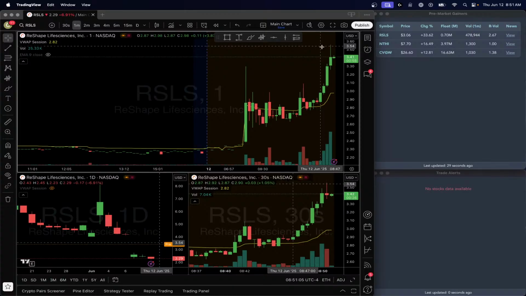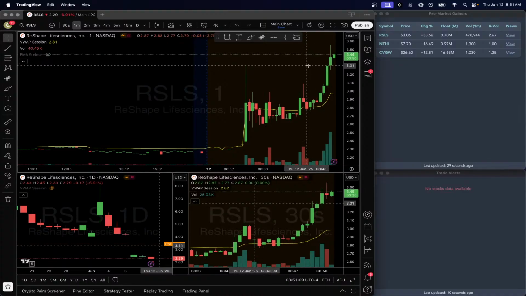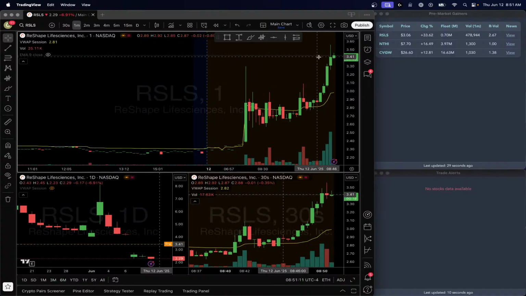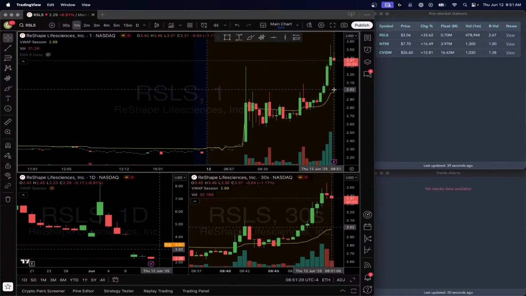We went up to 356. High of 356. If we can hold the 3.5, we'll be good. If not, it's going to pull back, possibly the $3 mark for support. And if it looks good, you can make another trade.